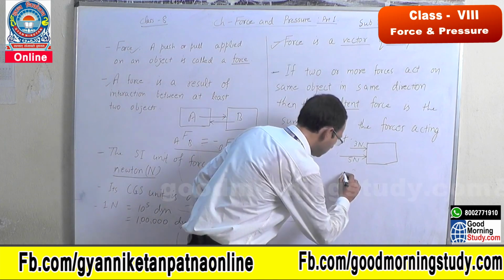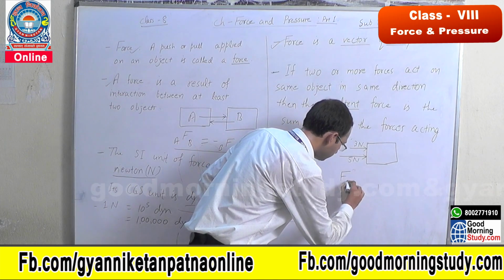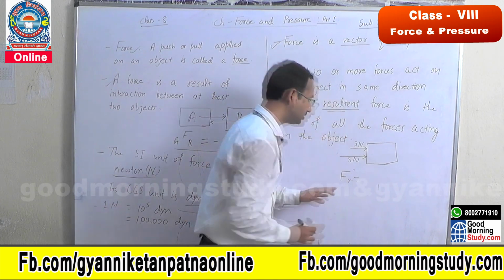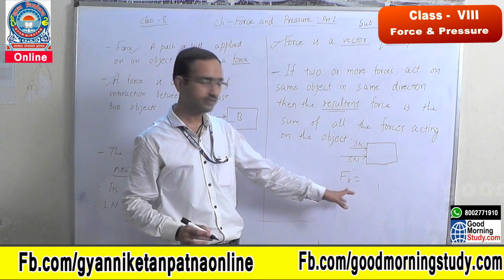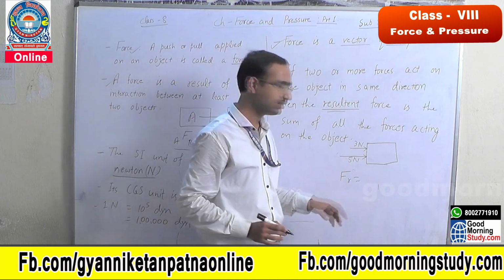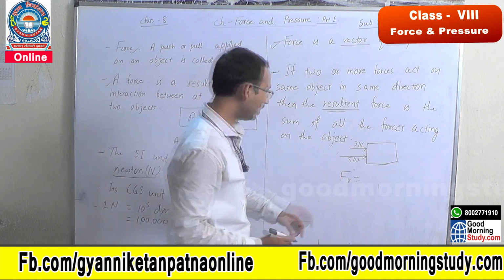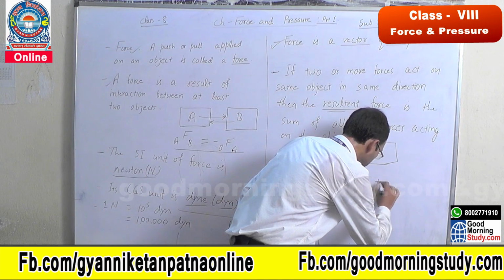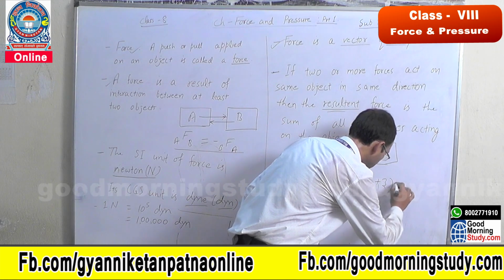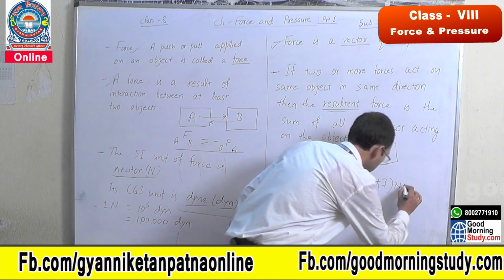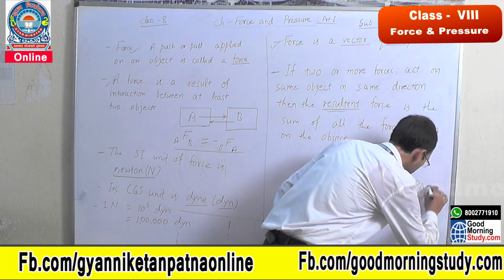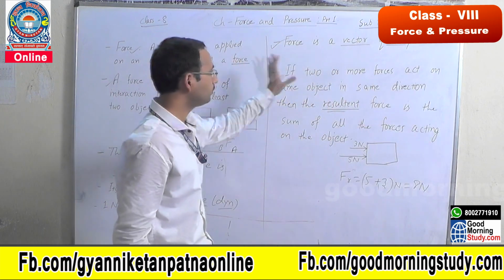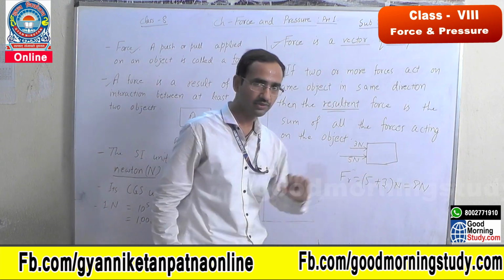So the resultant of these forces, represented by Fr, where I have taken R as suffix, will be equal to 5 Newton plus 3 Newton, and it will be 8 Newton. So if two forces act in the same direction, they may be added.